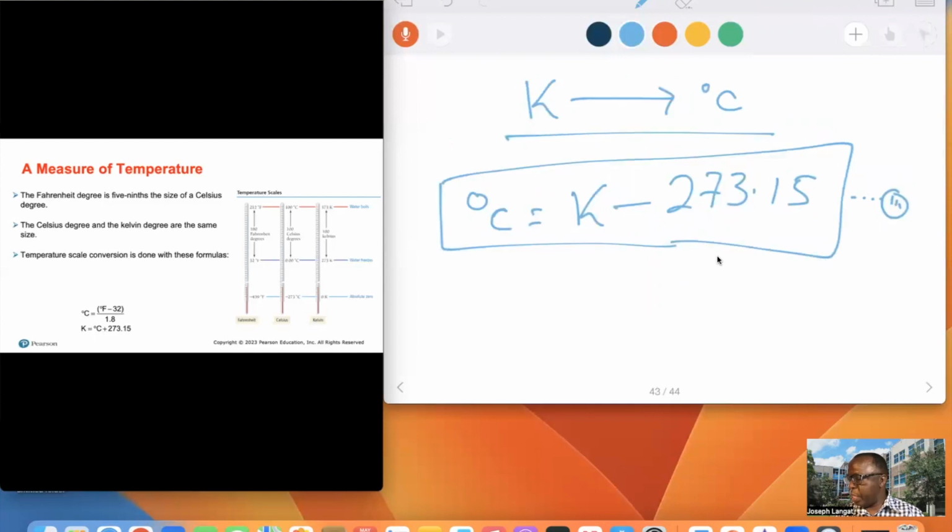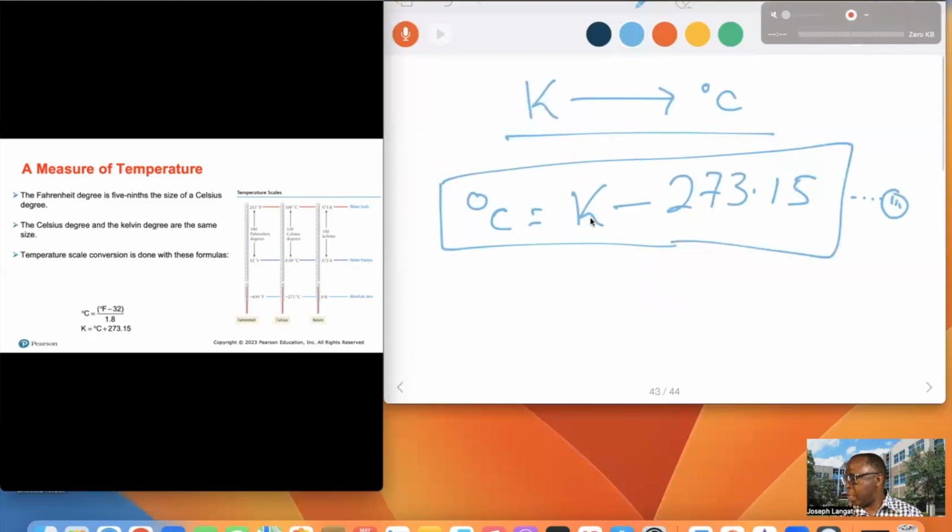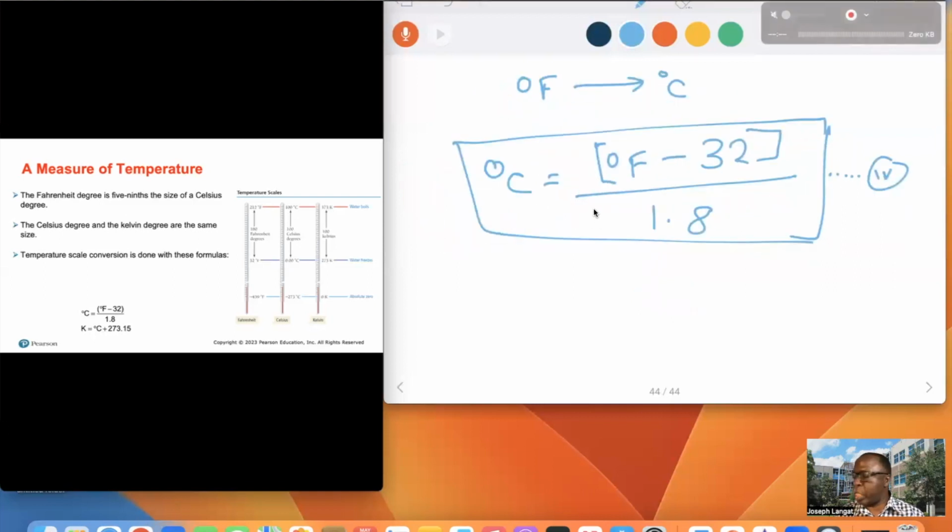I'm rearranging this equation. I hope you realize that I take across the equal sign the plus 32, which changes to negative, and then I divide both sides by 1.8, giving me this equation. This is to change the temperature from degrees Fahrenheit to Celsius.